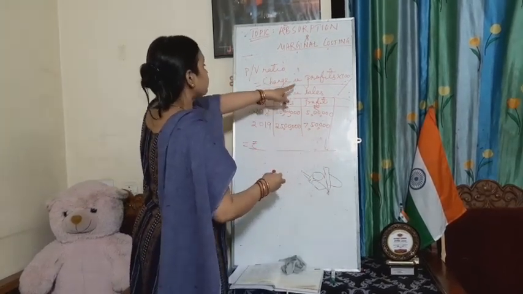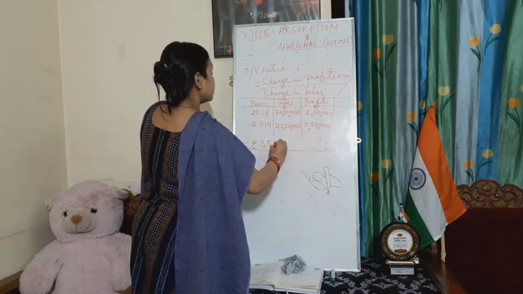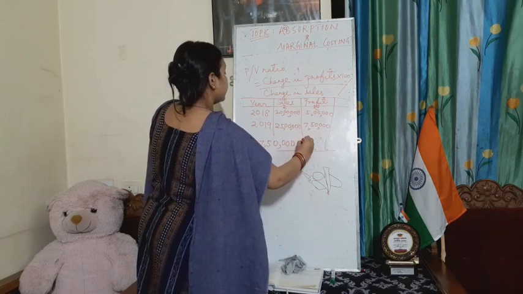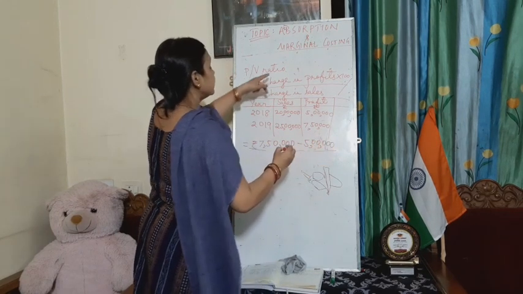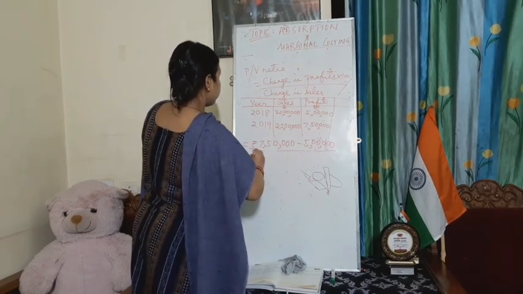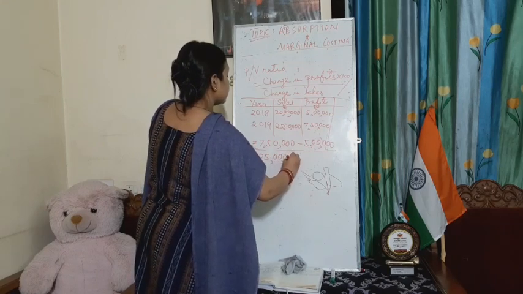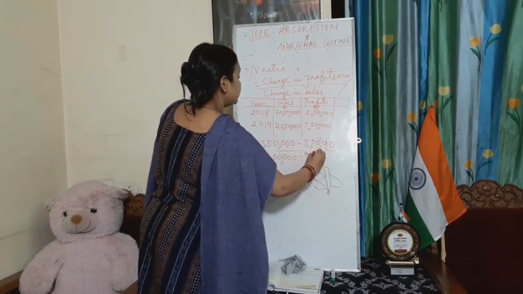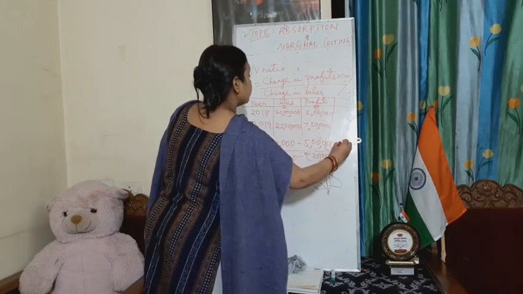It will be change in profits divided by change in sales. So it will be rupees 7 lakh 50,000 minus rupees 5 lakh, divided by change in sales. Sales in 2019 was rupees 25 lakhs, so 25 lakhs minus rupees 20 lakhs, into 100%.